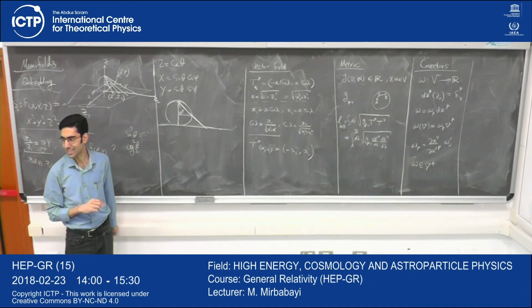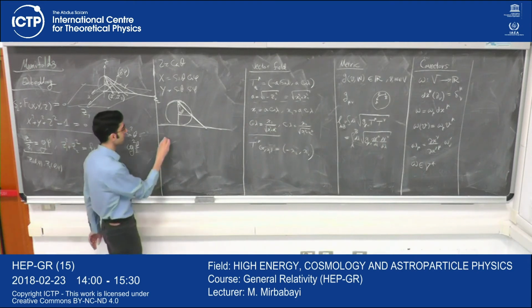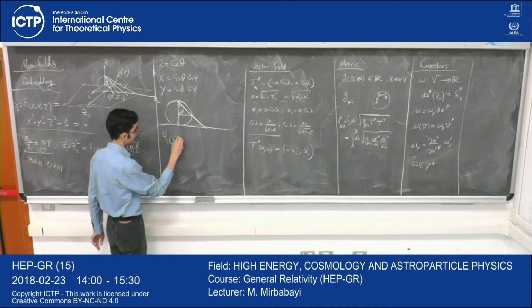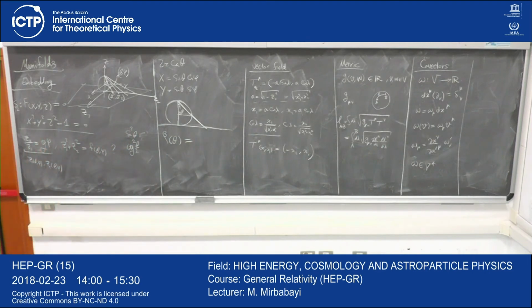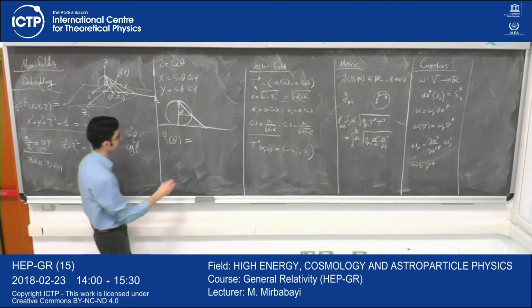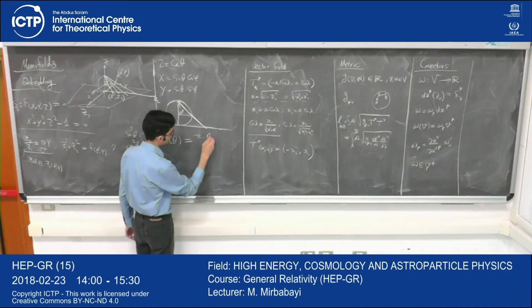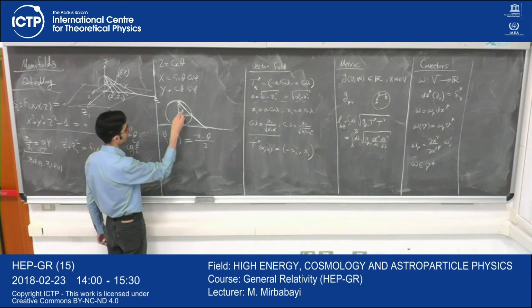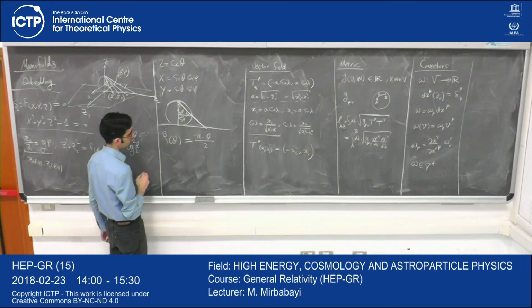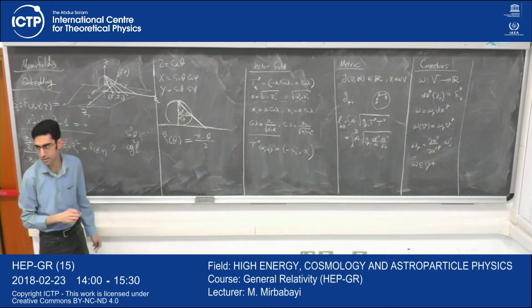Pi minus theta over 2. Yes, because these two legs are the same. So this is beta, therefore this is 2 beta. So 2 beta plus theta is pi.